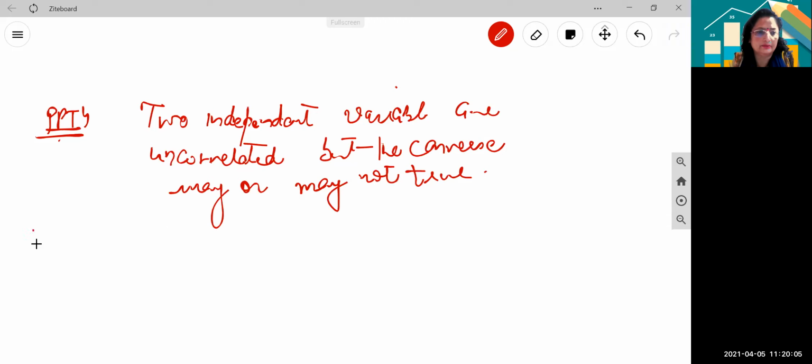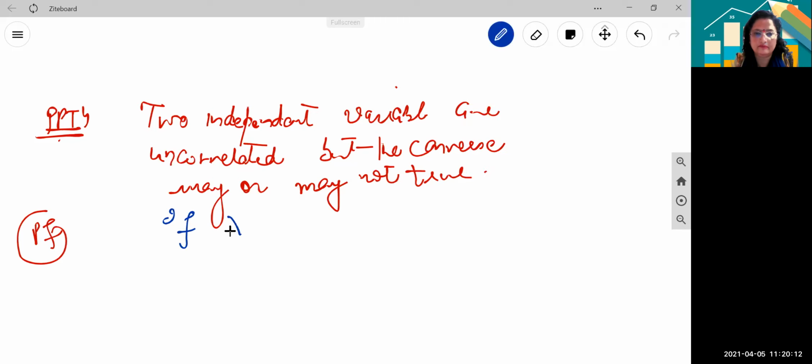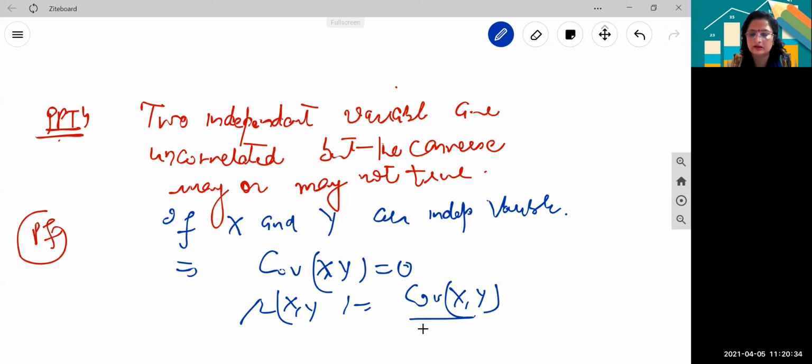So we will start the proof. If X and Y are independent variables, it implies we already know that the covariance between X, Y is equal to 0. When the covariance between the two variables is 0, then Rxy depends totally on the covariance between X, Y divided by sigma x, sigma y.